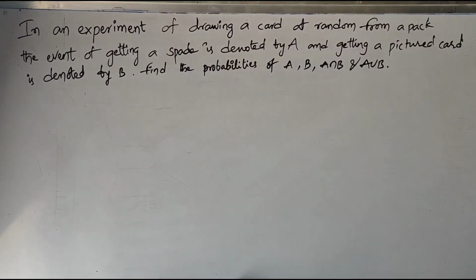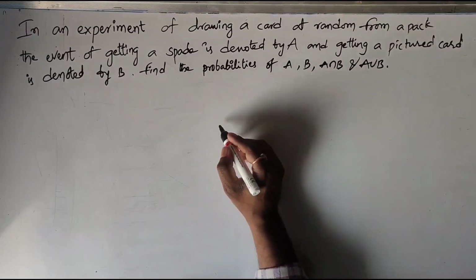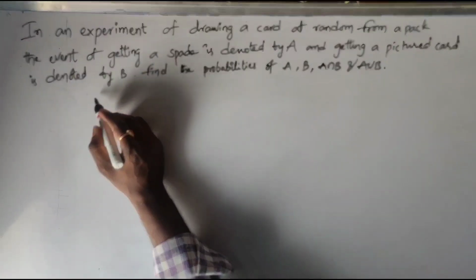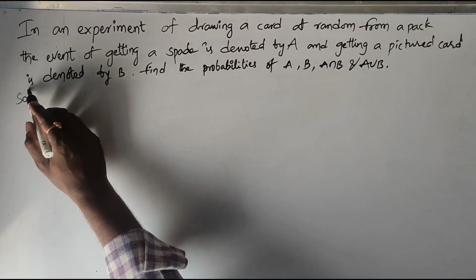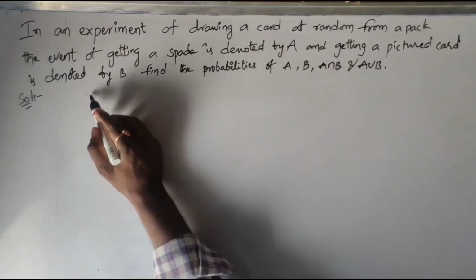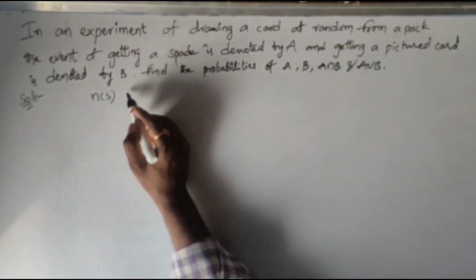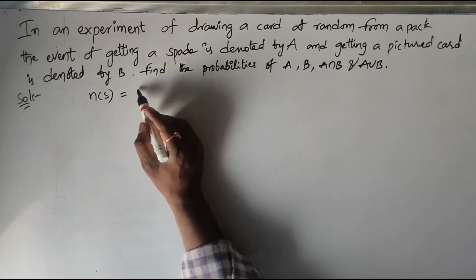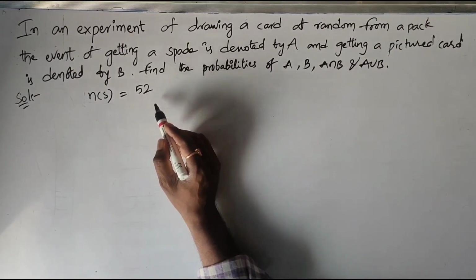In an experiment of drawing a card at random from a pack, there are 52 cards in a pack. So N of S equals 52.